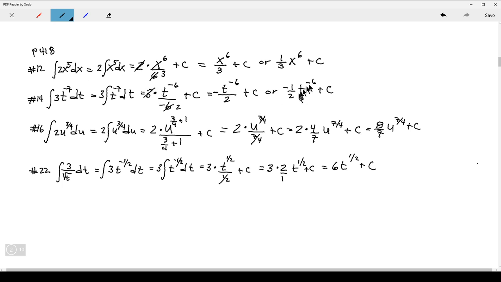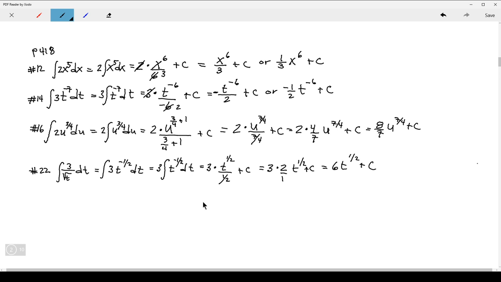Over here, I would bring the negative 6 down. That would become negative 7, and negative 6 over negative 2 becomes a positive 6 over 2, which is 3, so I get 3t to the negative 7th. You can check all of these, every single one of them. No reason to get anything wrong, okay?